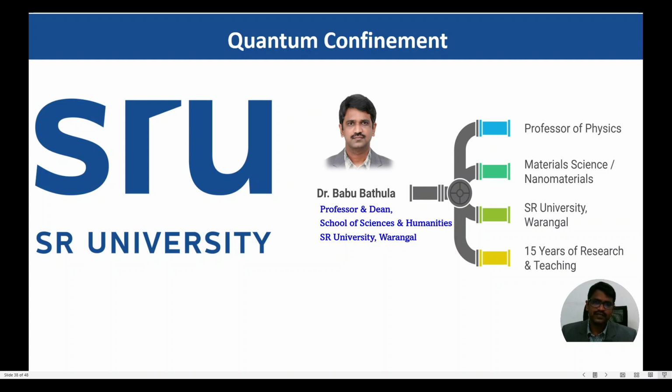We have discussed its importance in different fields: medical fields, material science, electronics. Likewise, in today's lecture, we will discuss quantum confinement. What is quantum confinement? How does it bring changes when it comes to nanoscale? We will discuss all these things in this lecture.